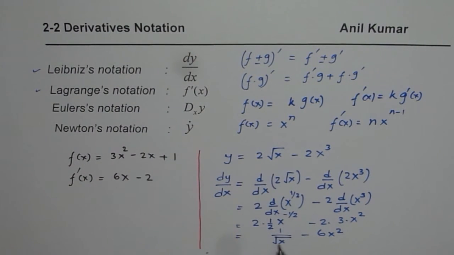So that is how you should be doing. In most of my examples, I will skip these steps, but this is a good place to give you all the steps. To start with, you should be solving problems in such steps, and then arrive at the solution. I hope that helps you to understand. We'll take one more example to see which rule should be applied where and how. Thank you and all the best.